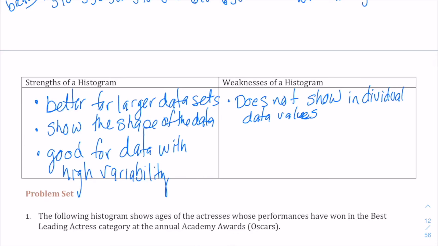And you can't do that from just the information in a histogram. You need the actual numbers. So let's just say that here. We cannot calculate the mean and not exactly the median either. We can know the middle range, but we can't know the middle number. So those are some of the weaknesses of a histogram.